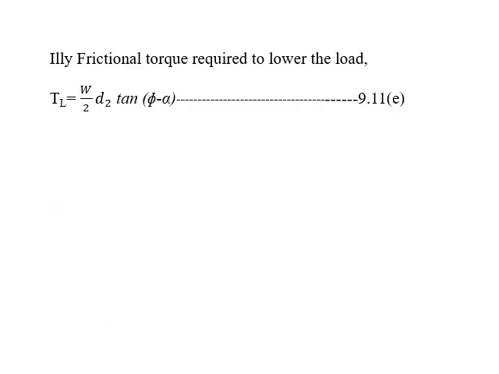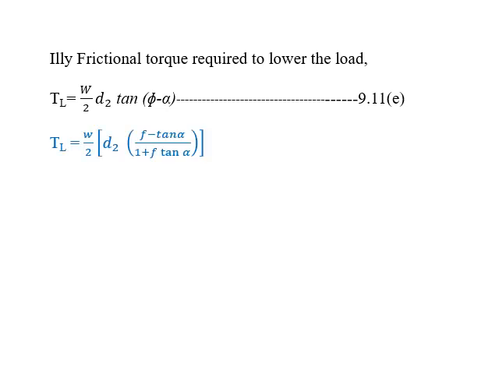Similarly, if you want to derive the equation for the torque required to lower the load, in the same fashion TL, L meaning lowering the load, we get W by 2 d2 tan(phi minus alpha), that is nothing but the 9.11e equation. We get it in the design data handbook.